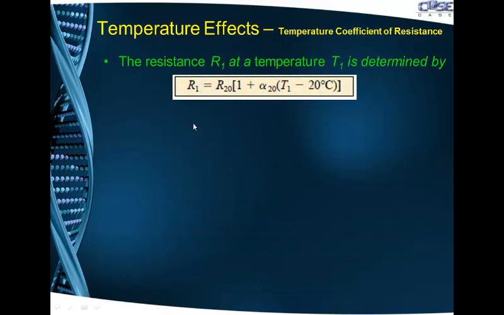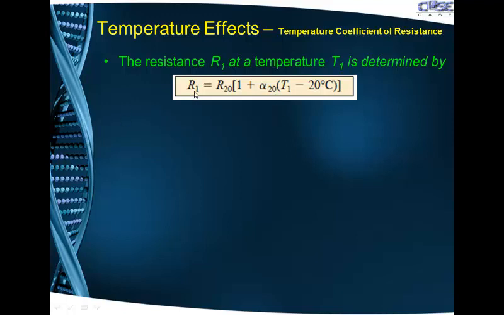This is the relationship which can be used to compute the value of resistance at any temperature T1. R1 is the resistance at temperature T1, R20 is the resistance at 20 degrees centigrade, and alpha is the temperature coefficient at 20 degrees centigrade.